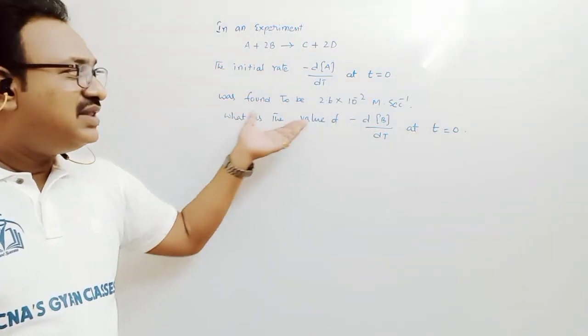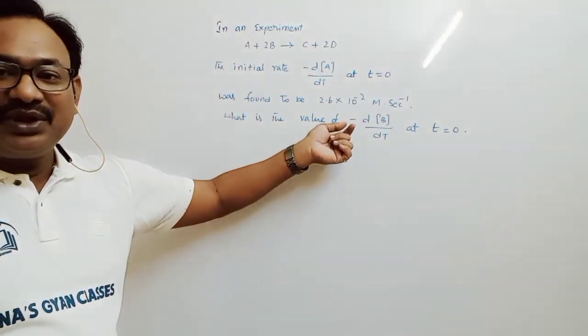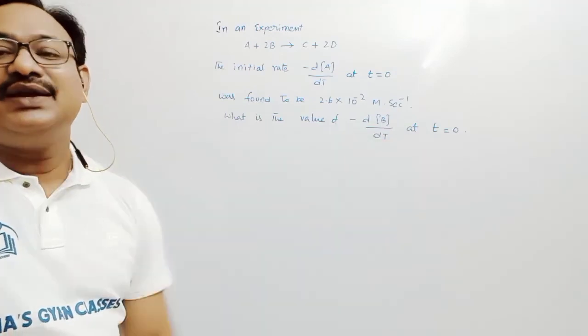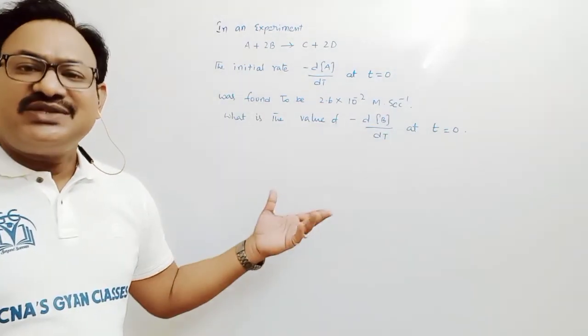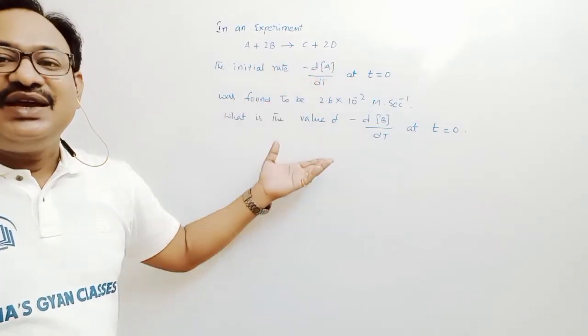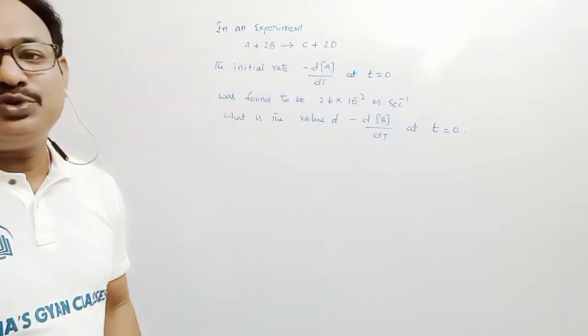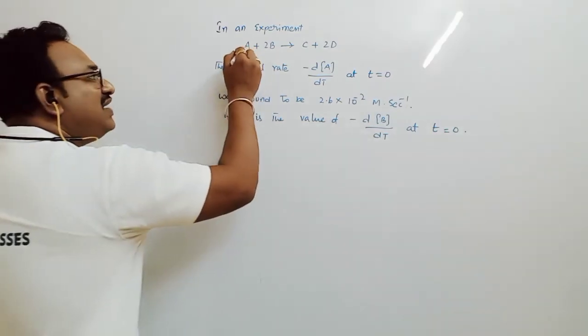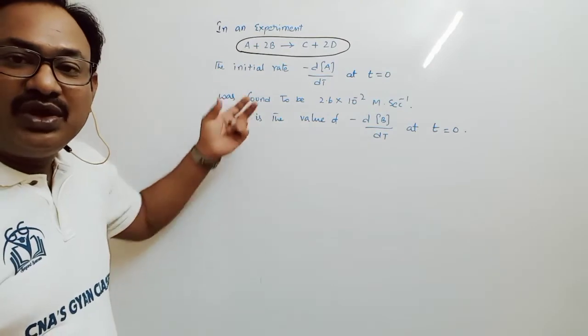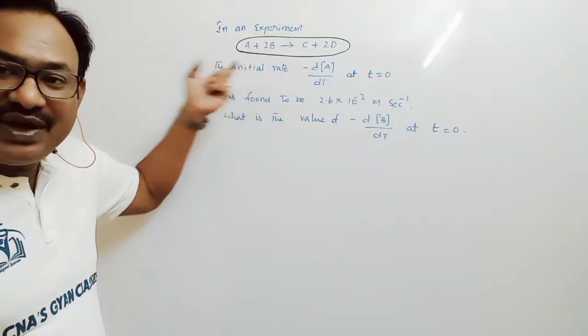Find the rate with respect to B, that is, minus d concentration of B by dt at t equal to 0. It means the initial rate with respect to A is given, and the initial rate with respect to B is asked. So for this, first we have to go for the expression for rate of reaction.